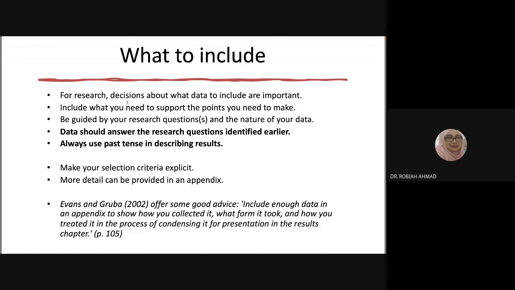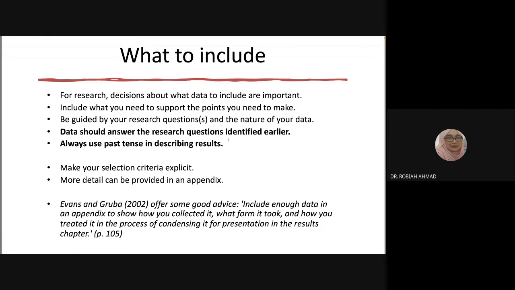So usually, to include the data you have to go back to your research questions. Earlier, you learned about how to do research questions based on your research. So the data should answer the research questions identified earlier.